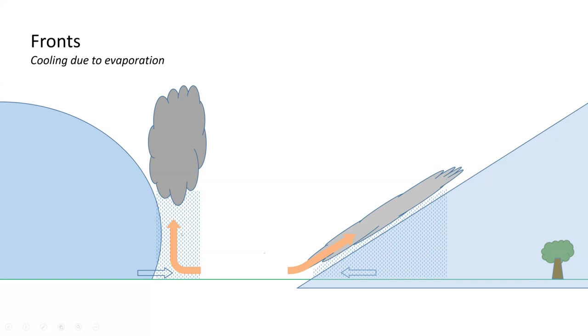And the fact that it's already warm further cools this air down in front of the approaching cold front, which allows the cold front to progress more. Again, it's another ageostrophic wind flow, not caused by the pressure of the front, but caused by the cooling of the atmosphere due to evaporation.